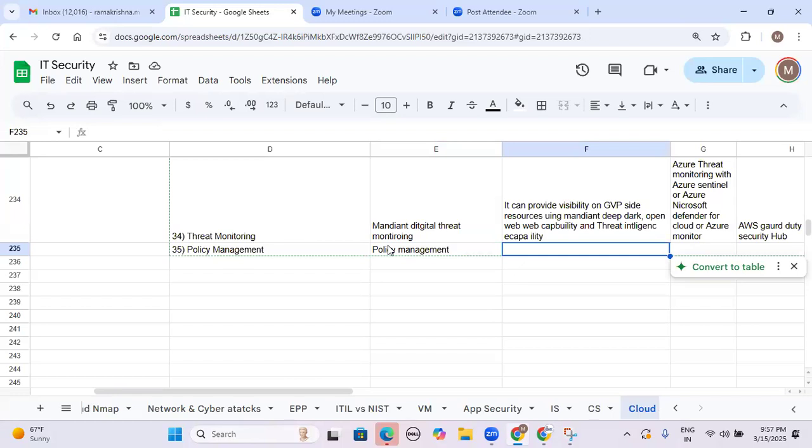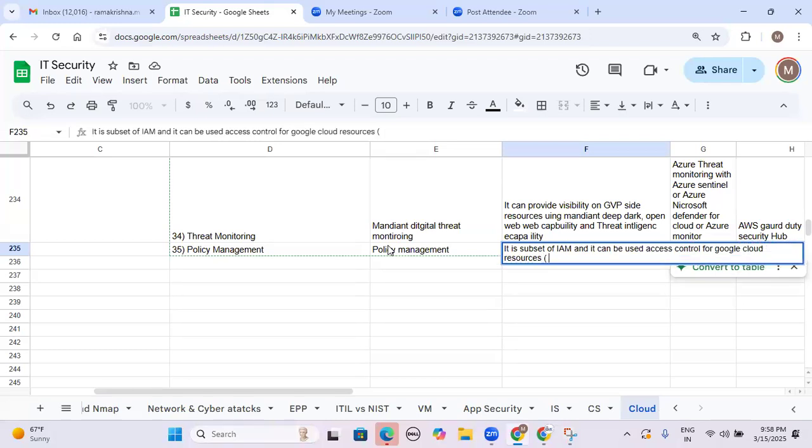Policy management is a subset of identity and access management, and it can be used for access control for Google Cloud resources.